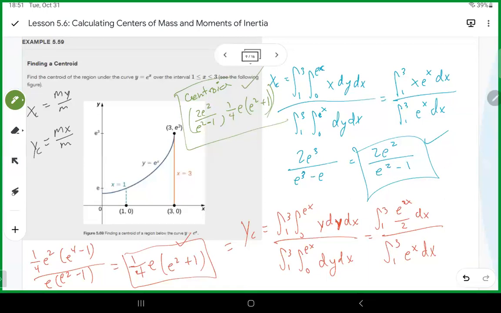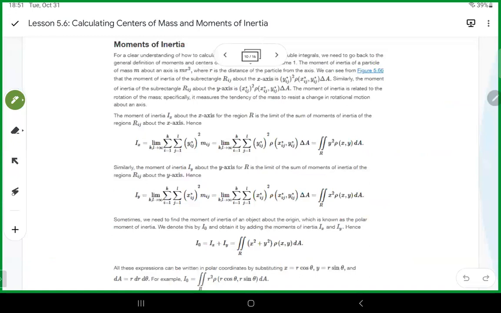Okay, so the most correct answer. Right? So you now have your moments of inertia.